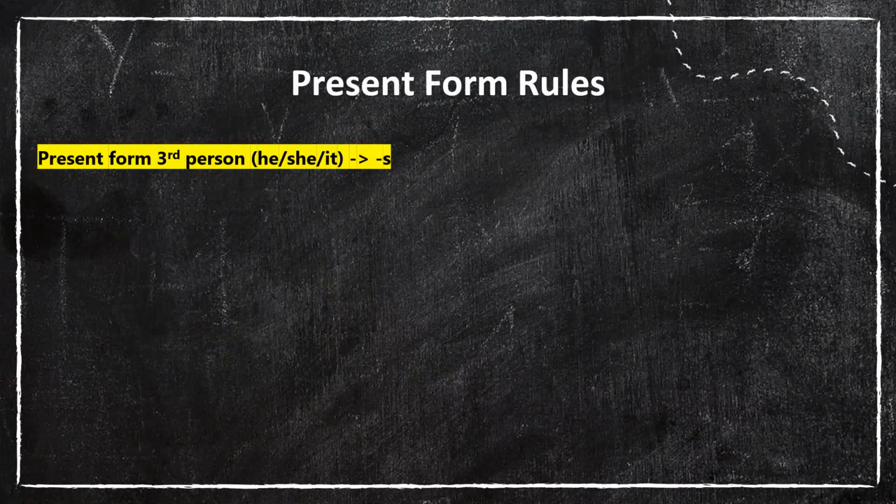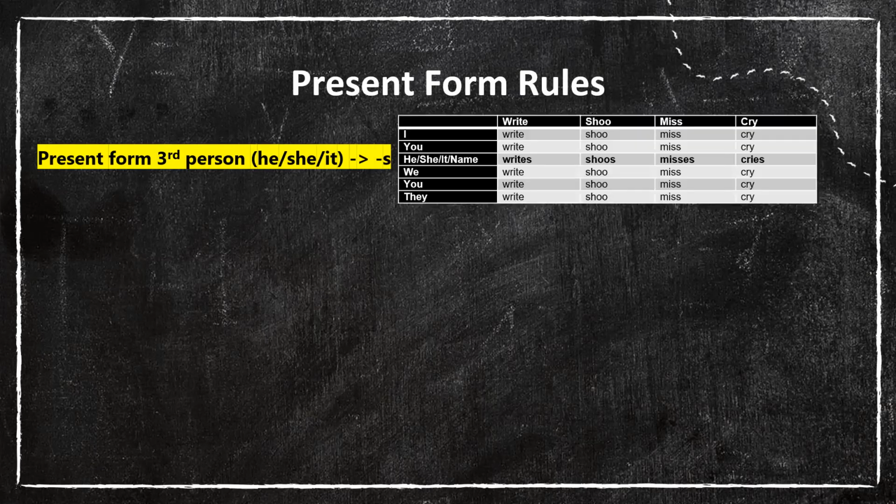When we use the verb to talk about another person or an object, we add an S at the end. More specifically, we add an S for the third person singular. What do I mean by that? Here are some examples. The present tense for write is as follows. I write, you write, he, she, it, or Lara writes. We write, you write, they write.